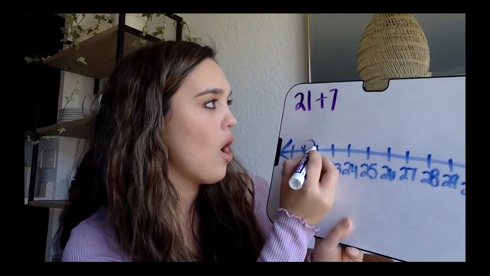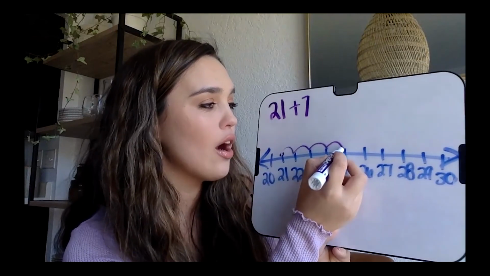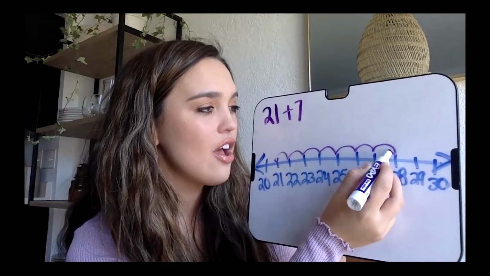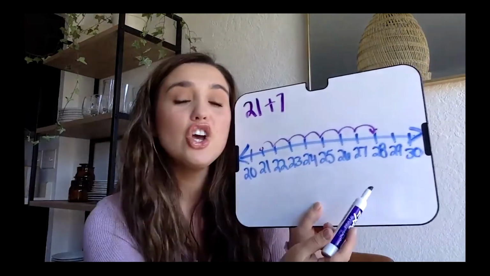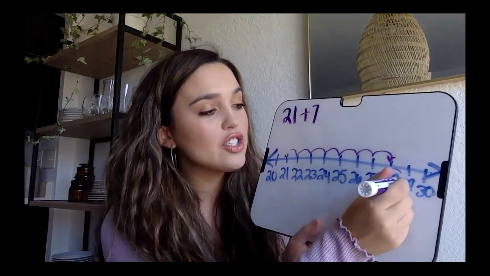Ready? 1, 2, 3, 4, 5, 6, 7. Awesome. All right. So according to our number line addition, our answer is 28. Do you guys agree that 21 plus 7 equals 28?